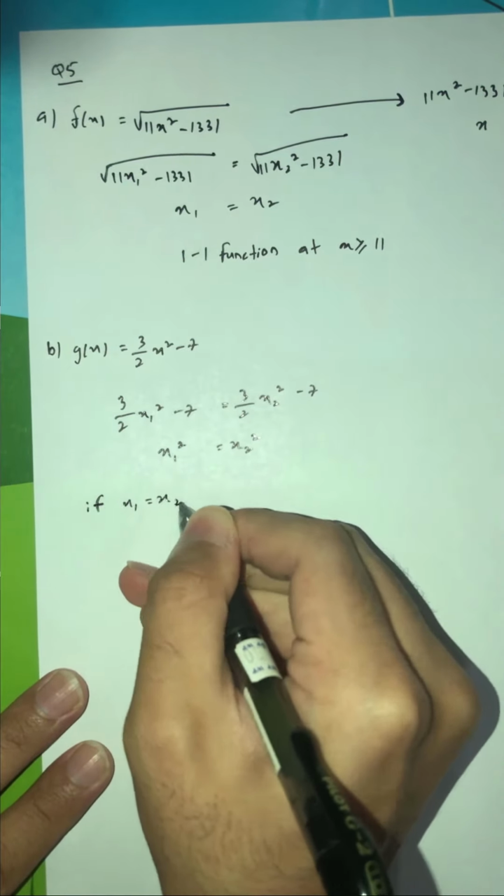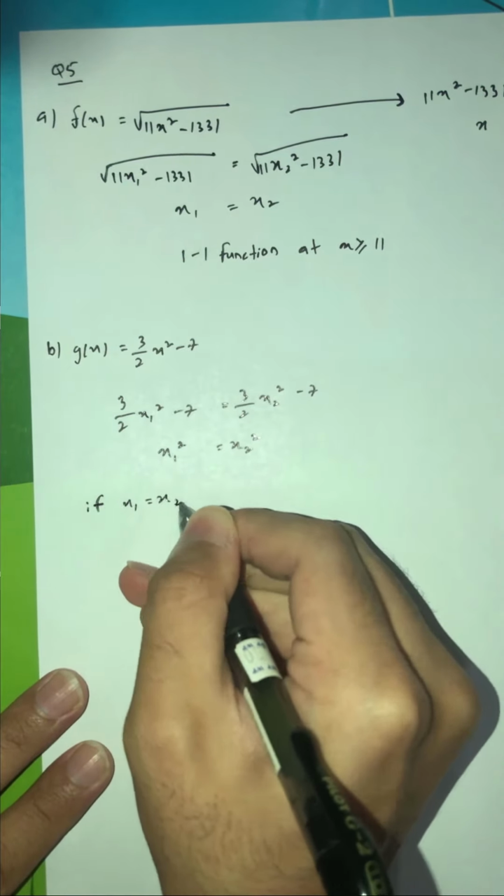This one will be 1 squared equal to 1 squared. So 1 equal to 1. And here, the same thing, -1 squared equal to 1 squared, it will be 1 equal to 1. So 1 is equal to 1, but x1 is not equal to x2, right? This is negative and positive, so it is not a 1-to-1 function.